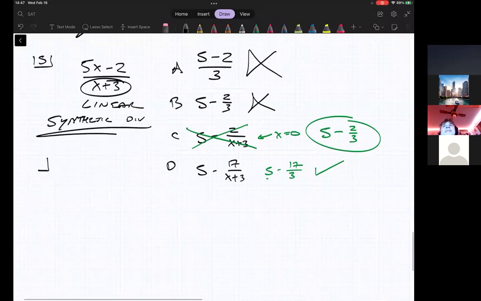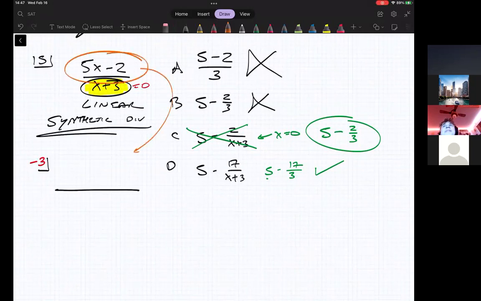You have a little box in the corner. You have a line, okay? You find the root of x plus 3, which means, when does x plus 3 equal 0? At -3. And then you take the coefficients of the numerator and stick them on top, which is 5 and then -2. Anytime you see division of fractions, you can always do this.